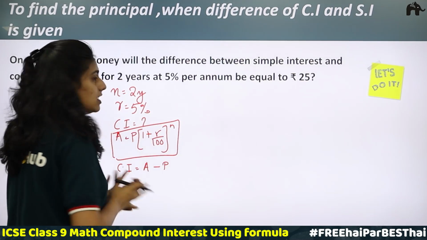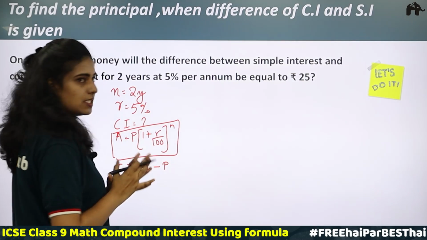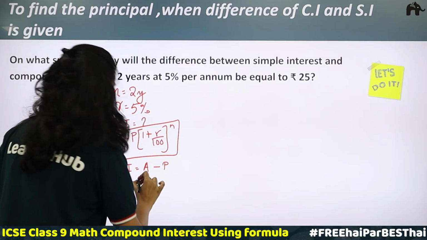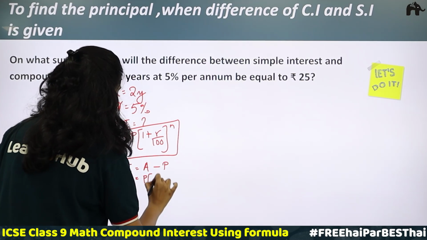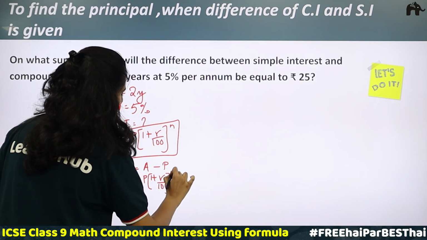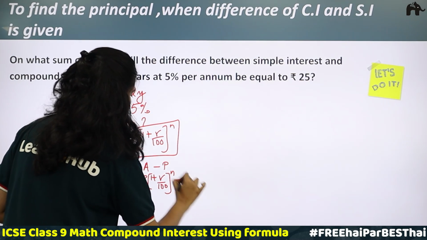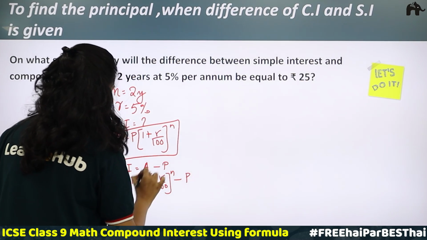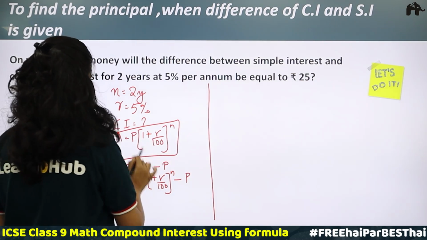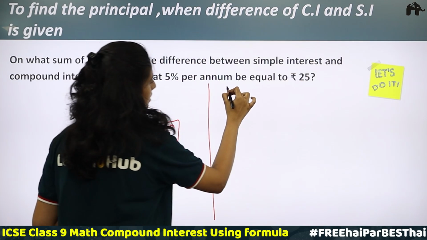Because we know amount is equal to compound interest plus principal. So, we will be having P into 1 plus R by 100 whole raised to N minus P, which is compound interest. Now, put the values here.